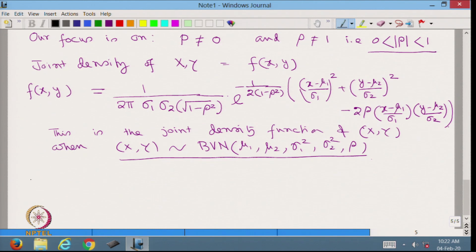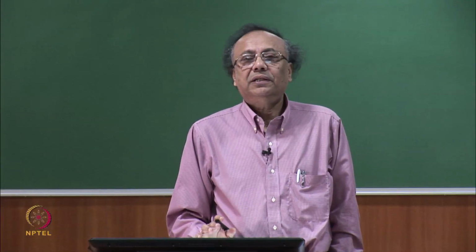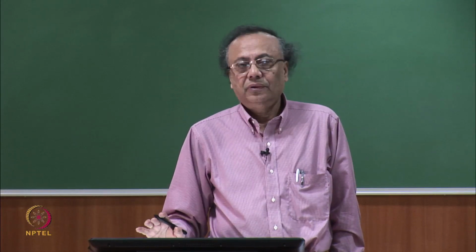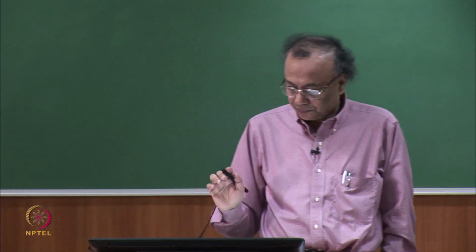Now, does it look complicated? Perhaps many of you will find that it is a very complicated expression, but if you understand the mathematics, it will be simple to remember how such an expression has been arrived at.